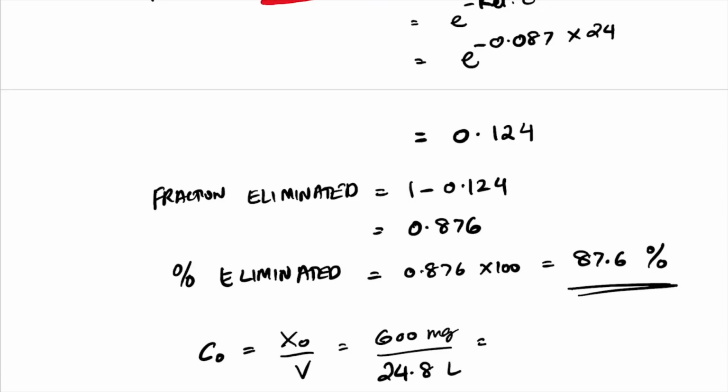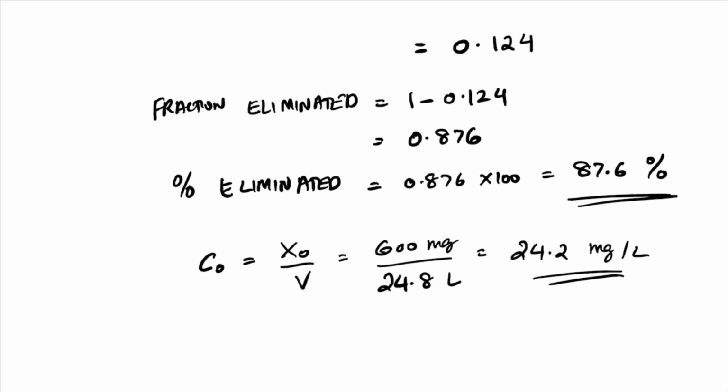So basically 600 divided by 24.8. If you round it to one decimal place, it's going to be 24.2 milligrams per liter. So that's 24.2 milligrams per liter, and that's C0.